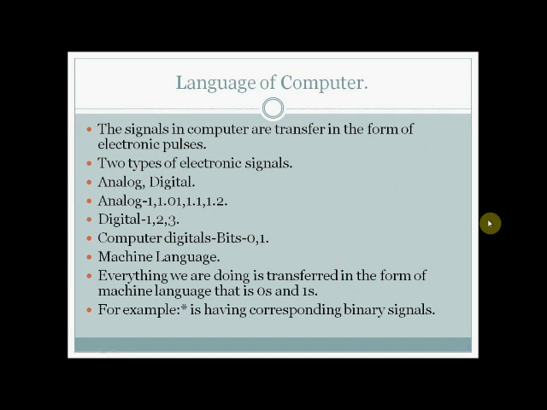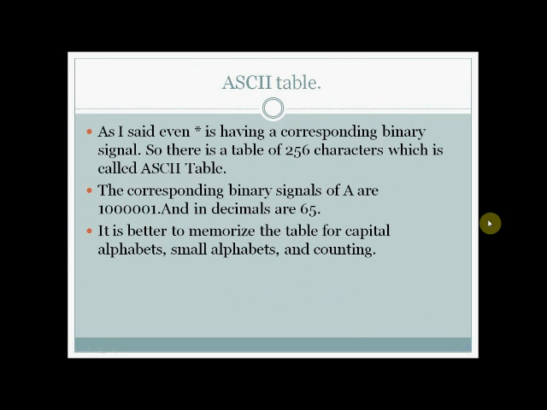Machine language. Everything we do in the computer is transferred into corresponding binary information, which is called machine language. Even when we press an asterisk, it has a corresponding binary signal and binary number through which the computer understands that the asterisk was pressed on the keyboard.